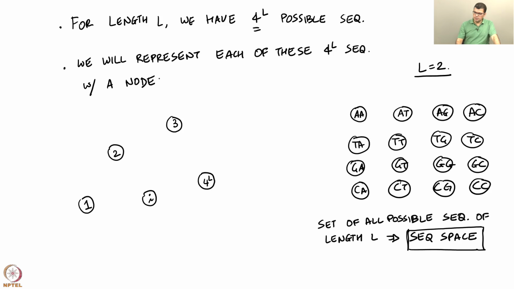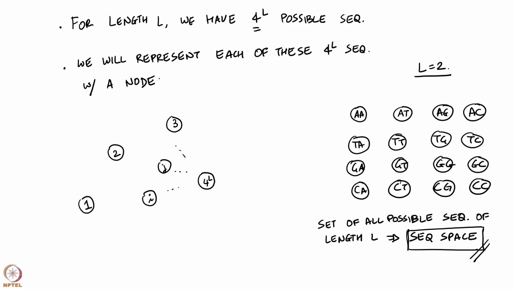And obviously, this is a very large number. So, that is the idea of sequence space. So, where we are at is that we have this sequence space of size 4 to the power L, where each of these sequences is represented by one node.